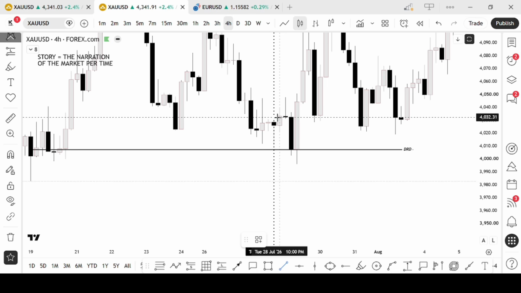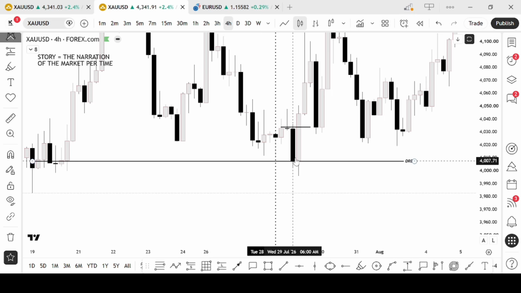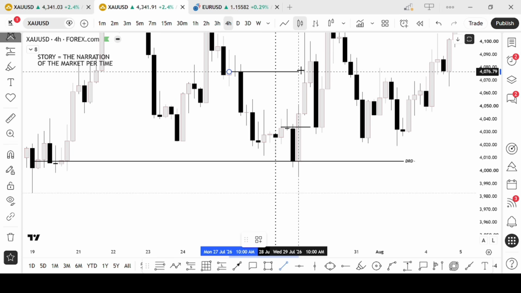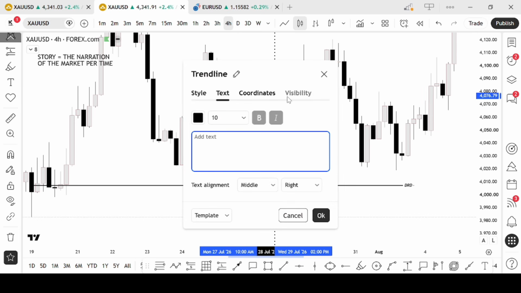Our breakout. Here. This is our breakout, because this was the tap that entered into it. Potentially, this is the external breakout as well, because this was outside the line. Do you understand? So this is our breakout.